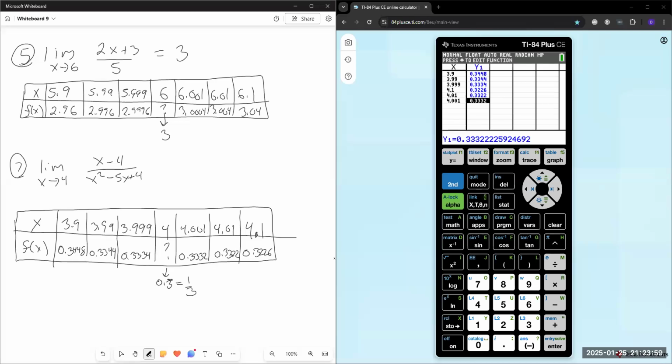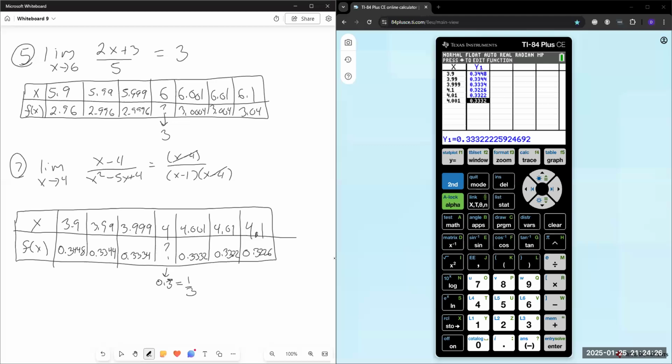And I'm going to show you this leads into the idea in the next section that we can find these limits without the table method using some other techniques. But if I factored the top and the bottom here, then factors of 4 that add up to be -5 are -1 and -4.